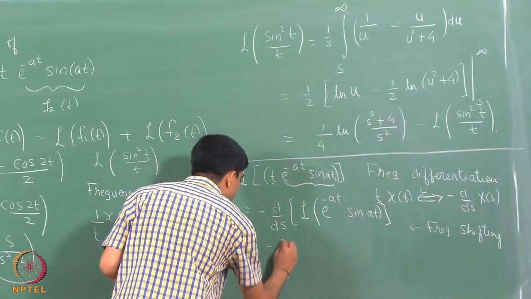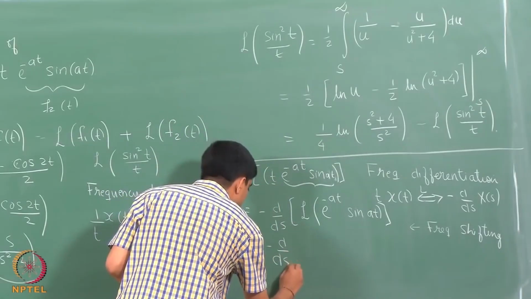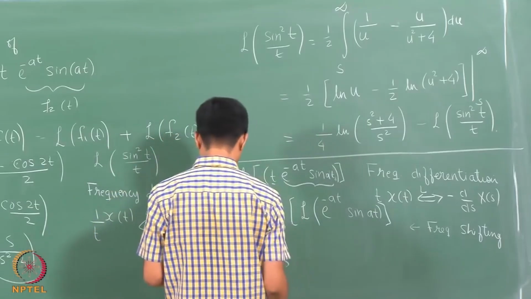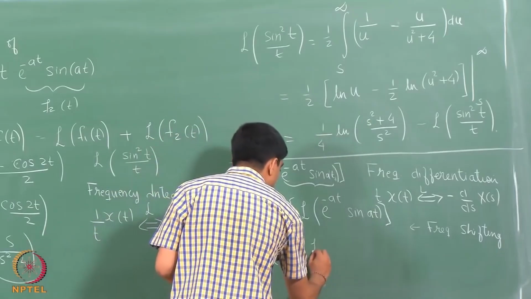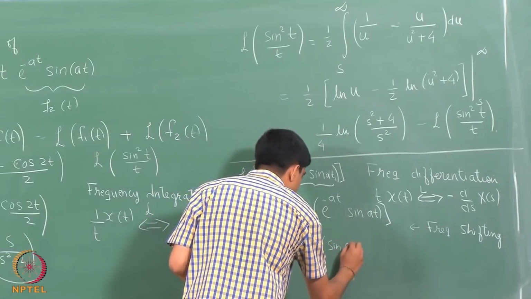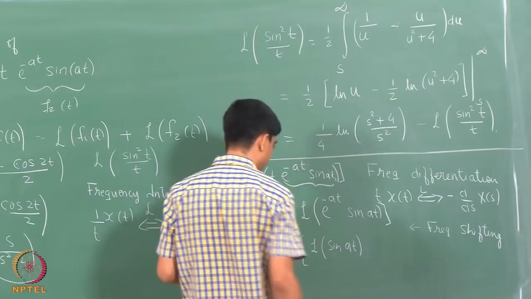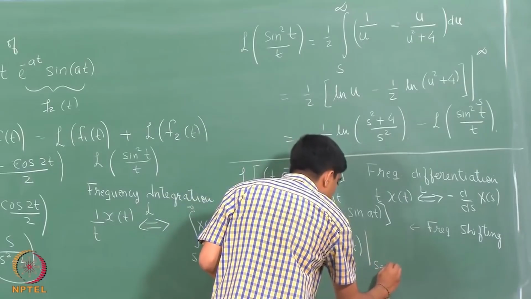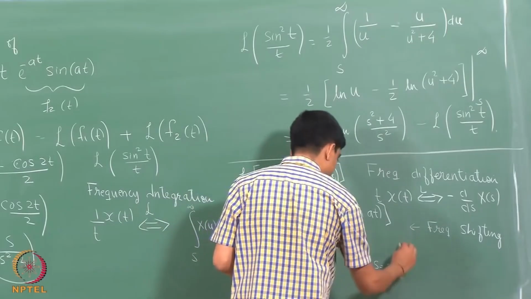So, this would be minus d over ds, the Laplace transform of sin of a t, this.